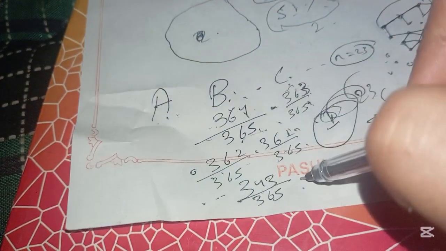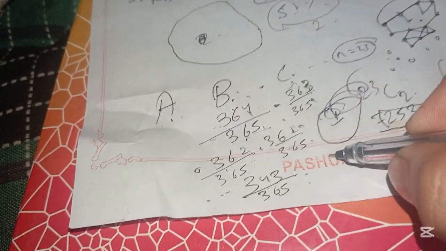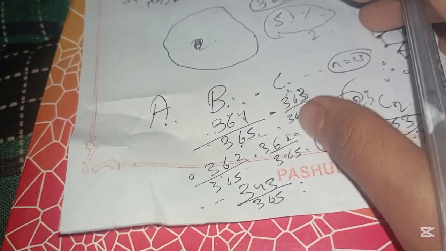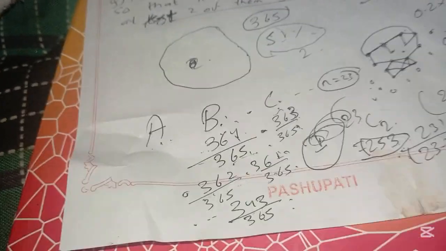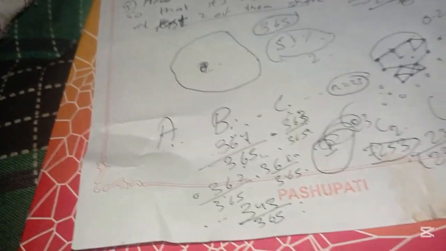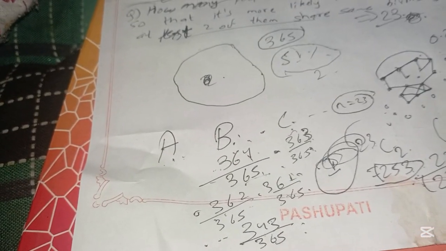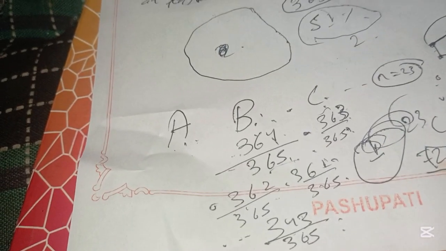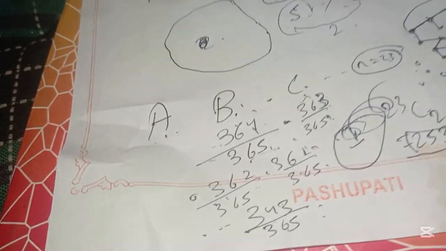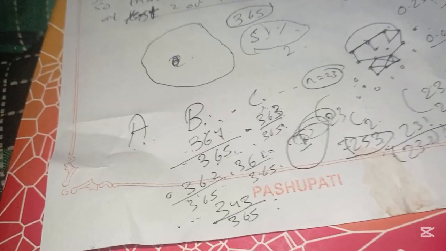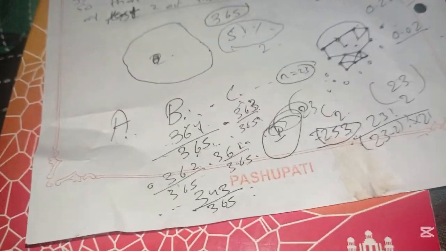Now, if we keep on multiplying these, the probability is going to be a very small number, so it is less likely that none of these people share the same birthday as compared to the probability of at least two of them sharing the same birthday.